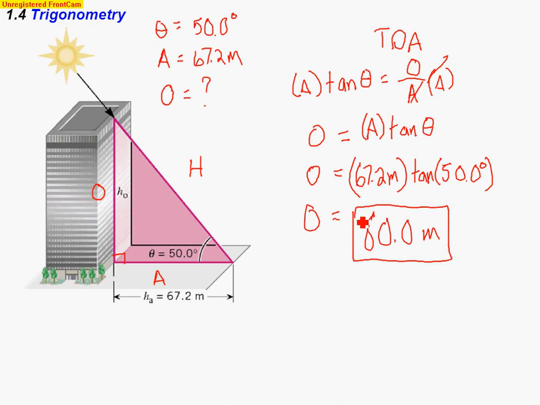Okay, and then the last step, does this make sense? So since this was a 50-degree angle here, we would expect this side to be longer than this side, which it worked out to be. So it's close, it's on the same scale, but it's longer. So this makes sense.